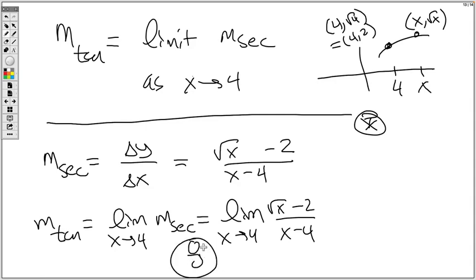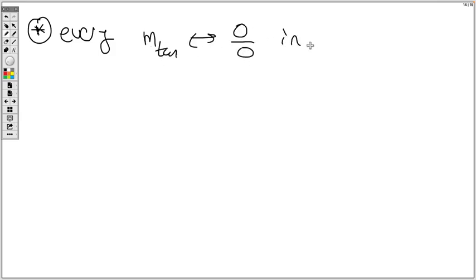You follow? Good thing we spent a bunch of time last week figuring them out. How do we handle one that's got radicals? Conjugate. So, first note here is every slope of the tangent line will be a 0 over 0 indeterminate form. That's part 1. And so that means we're going to have to use what we learned in chapter 2.